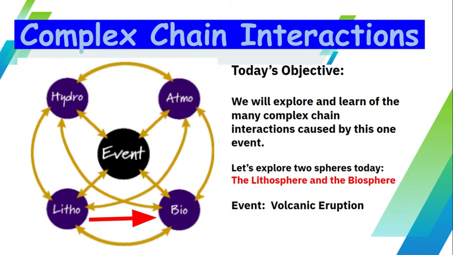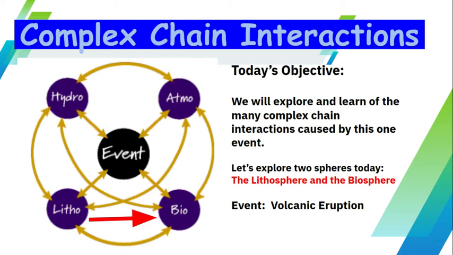Complex chain interactions. Today's objective, we will explore and learn of the many complex chain interactions caused by this one event. Let's explore two spheres today: the lithosphere and the biosphere, as shown by the red arrow.